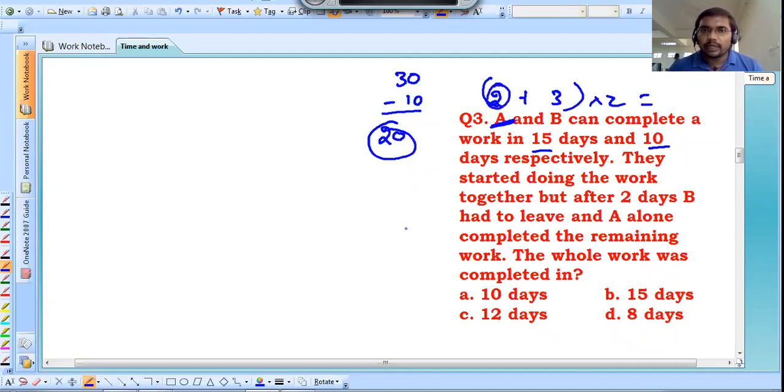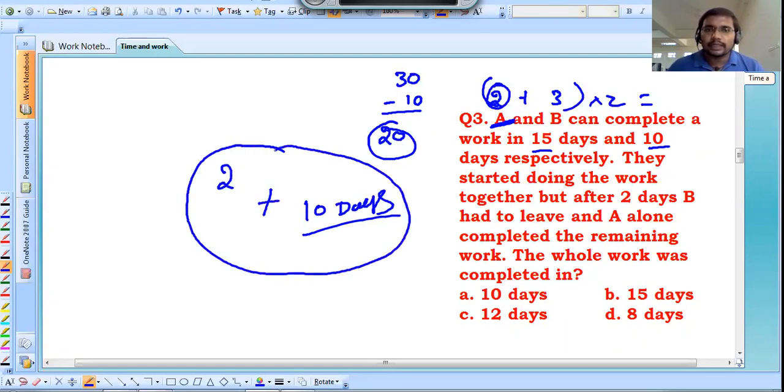Every day he is completing how many units? 2 units. So the remaining will be completed in how many days? 10 days. But what they asked is the whole work. Initially, A and B worked for 2 days. Now A alone takes 10 days. Then total how many days are they taking? 12 days.